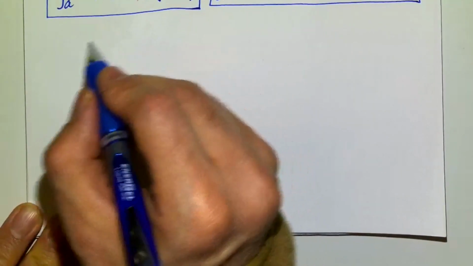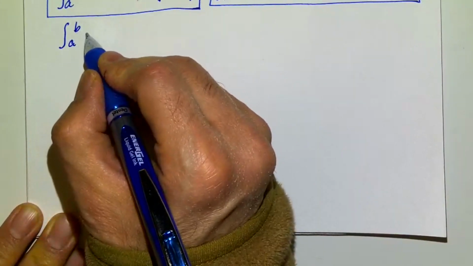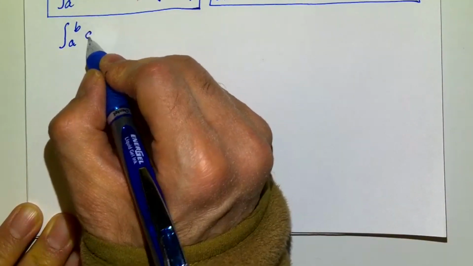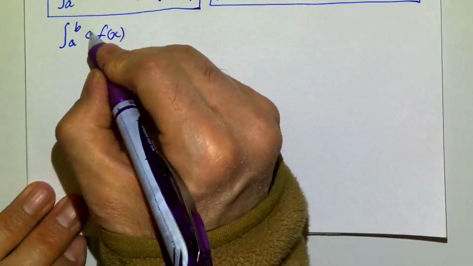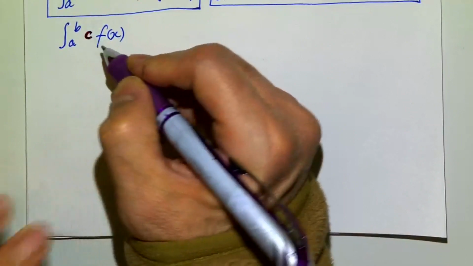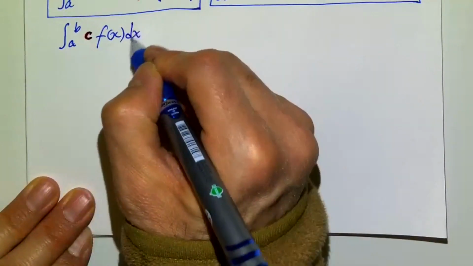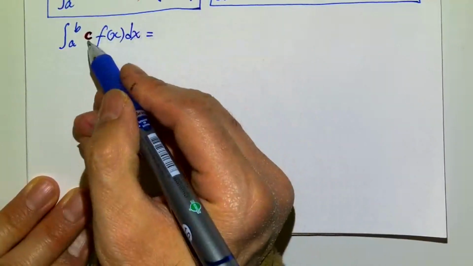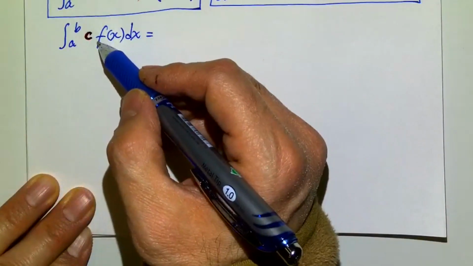So if we have the definite integral from a to b of some function that is multiplied by a constant, maybe I should put this constant in red so it stands out, that constant c and dx, then you can put this constant in front. It doesn't have to stay in the integral.